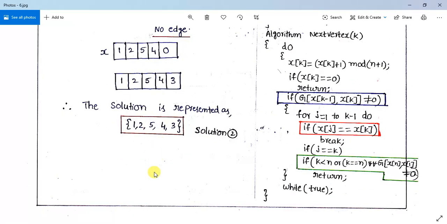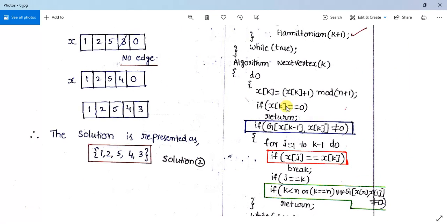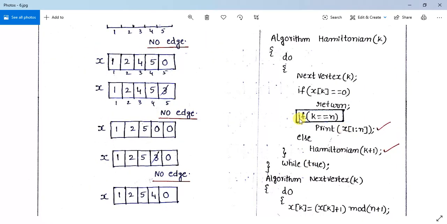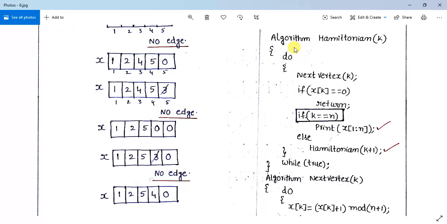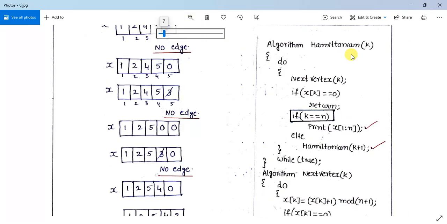So like that you need to proceed and find out the various Hamiltonian cycles, multiple Hamiltonian cycles present in the graph. Let us quickly discuss the algorithm for this. Whatever procedure you followed here, the corresponding algorithm is like this. Algorithm Hamiltonian of K. Here you have two parts for the algorithm.